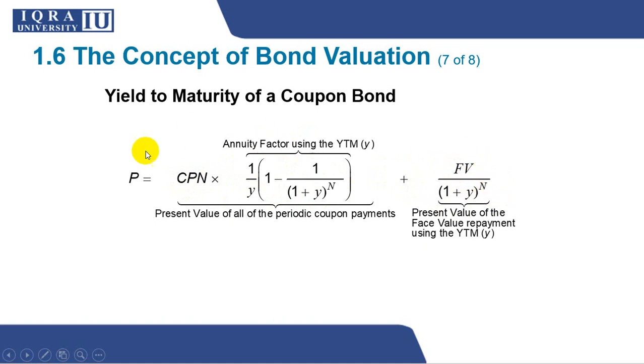So this is basically the formula for the yield to maturity of a coupon bond. Many things you might not understand at first glance, because this is just an introduction to all topics. You will know them when you study bonds in detail.